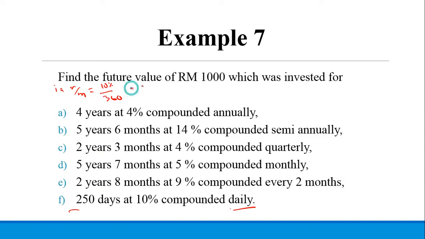So 0.1 divided by 360 is equal to 1 divided by 3600. Make sure in the form it is like this.